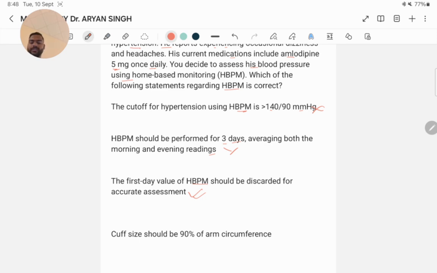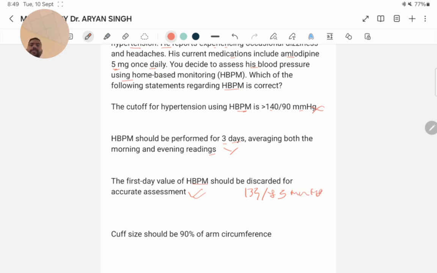Because the first day value of HBPM should be discarded for accurate assessment, to avoid measurement bias. Home-based BP monitoring is recommended for tracking blood pressure outside the clinical setting also. Hypertension is defined as BP constantly exceeding 135 by 85 mmHg at home.